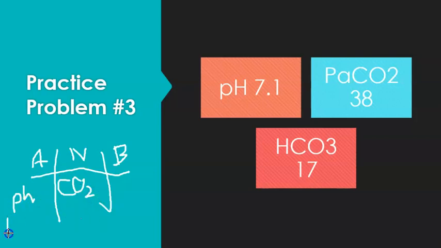And our bicarb is 17, making it an acidotic process. So what we have here now is a metabolic acidosis that is uncompensated, because right now the respiratory component is either not functioning properly or is not doing enough to compensate our metabolic acidosis. So this is uncompensated metabolic acidosis.